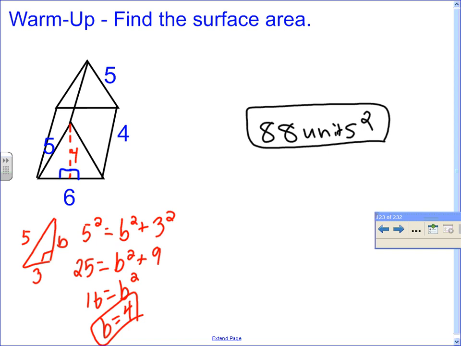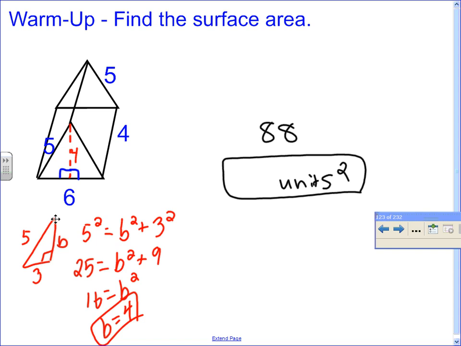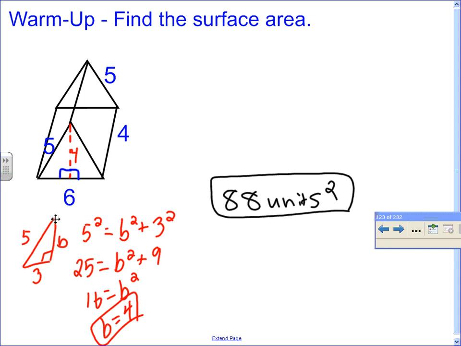Okay. Anyone else on the warm-up? Raise your hand if you got the warm-up. Okay. Jeremy, you okay on the warm-up? Okay, you got to ask. So what part? This is the base. It's always the triangles that are the base.